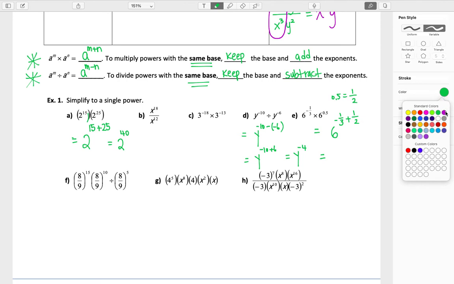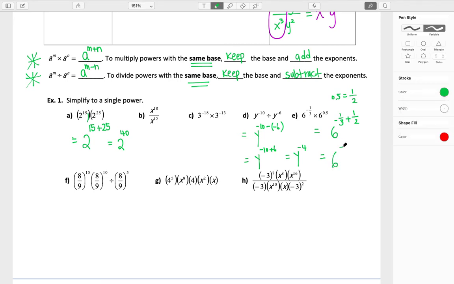If not, you have to find the common denominator, multiplying by 6. So it's going to be negative 2 over 6 plus 3 over 6. And then negative 2 plus 3 is 1 over 6. And that should be your final answer.